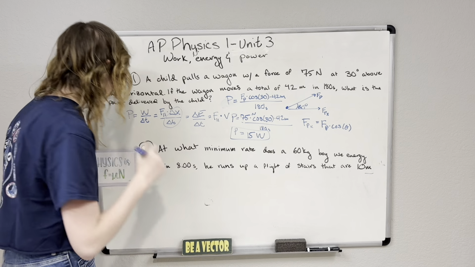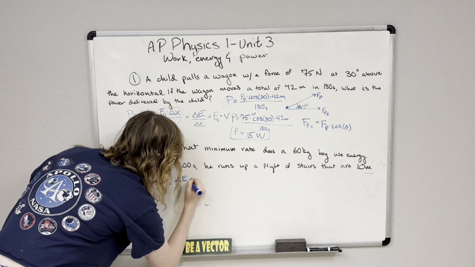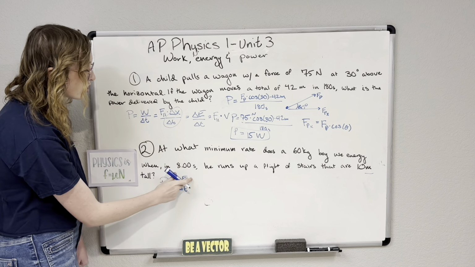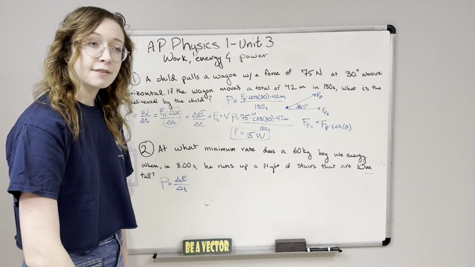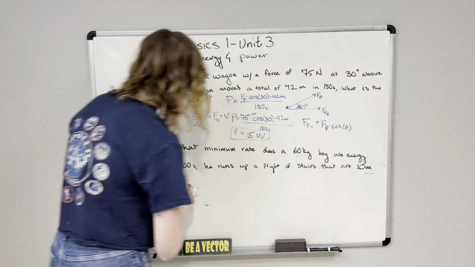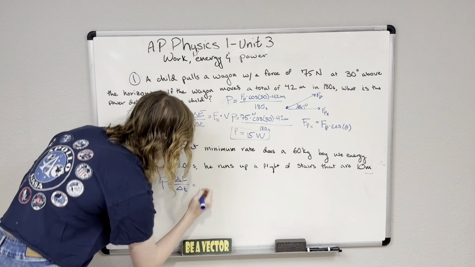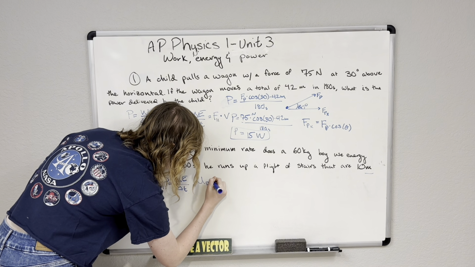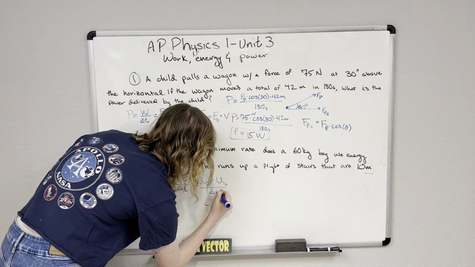So let's do that. We know that power is equal to a change in energy over a change in time. If we say he's starting at ground level, at a height of 0, and going up to the top of the stairs, our change in energy is our final potential energy minus our initial. I'm going to represent potential energy with a U, so our final minus our initial over our change in time.